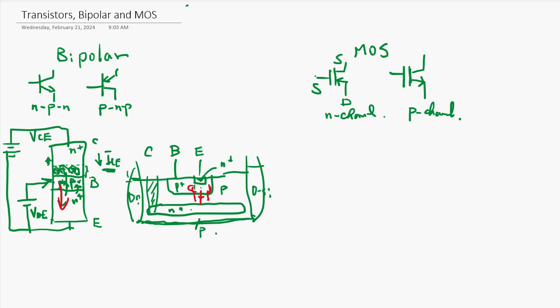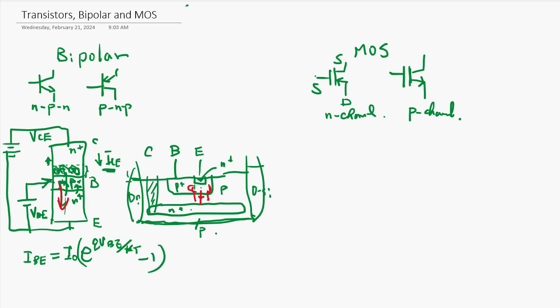So you remember that the VBE, this diode current effect is, IB equals some kind of base current I0 times e to the qVBE over kT, minus 1.